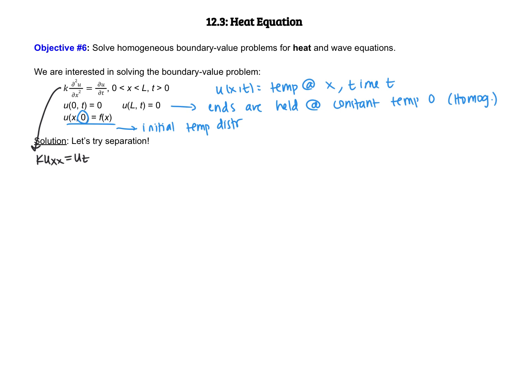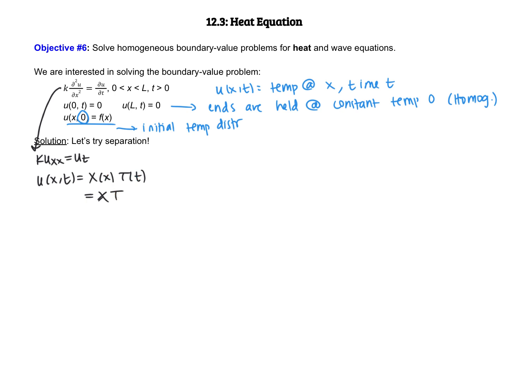So what we're going to do is try to solve this by separation. We are going to assume that our u of x,t is a product of a function of x and a function of t. I prefer to just write that as big X and big T, and we're just going to keep in mind big X is a function of x, big T is a function of t.